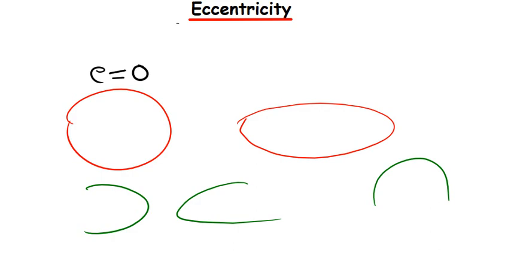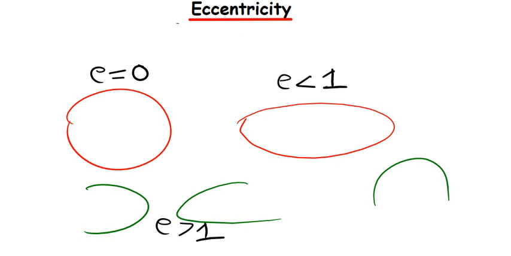The one that is closest to being circular among all these other shapes is an ellipse. So an ellipse, as we might expect, has a value less than 1. The one that has deviated the most from being circular is a hyperbola, so it has an eccentricity value greater than 1.